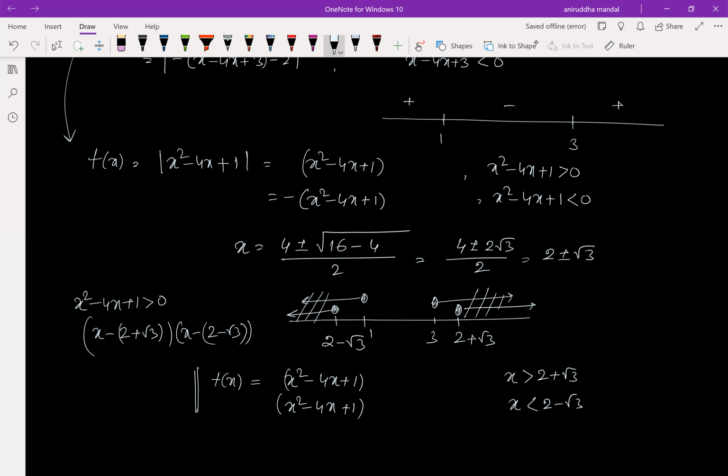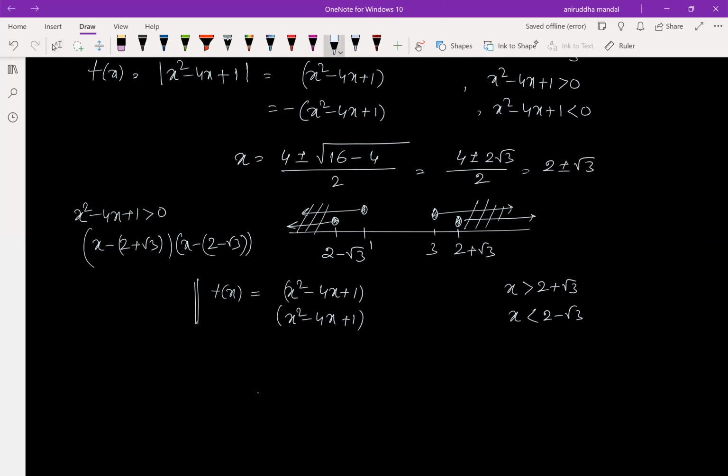Now for the negative portion, so let's write again. So this is 1, this is 3, and this is 2 plus root 3 and 2 minus root 3. So our initial condition is this, more than 3 and less than 1, and second portion is in between negative.